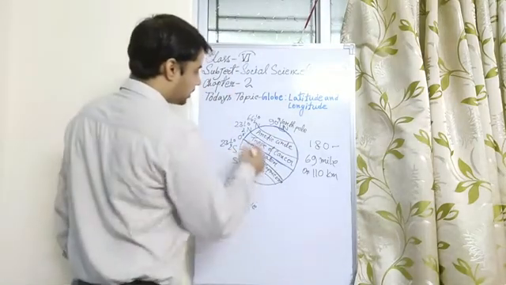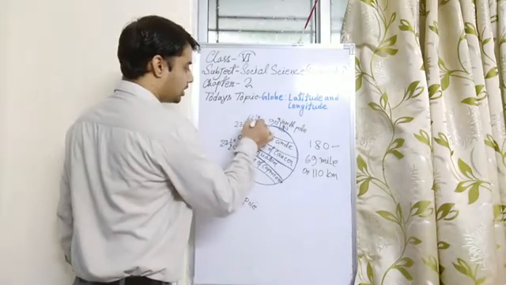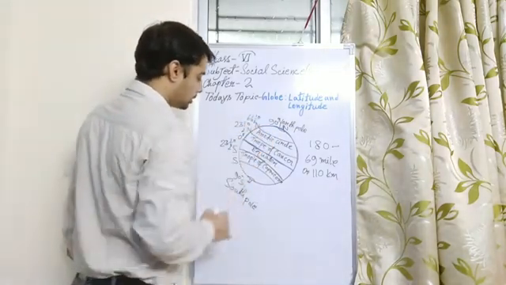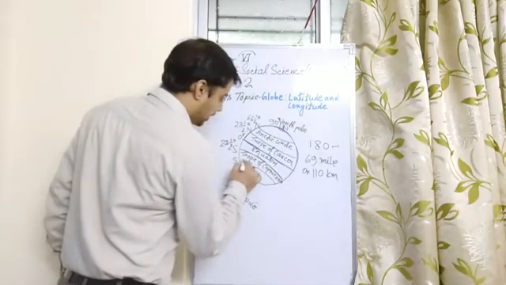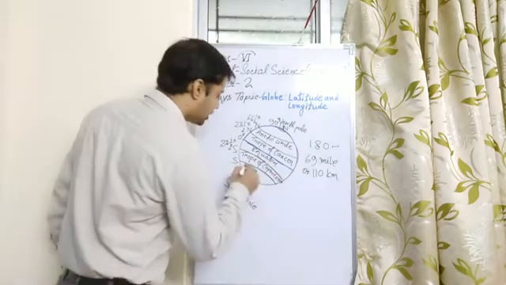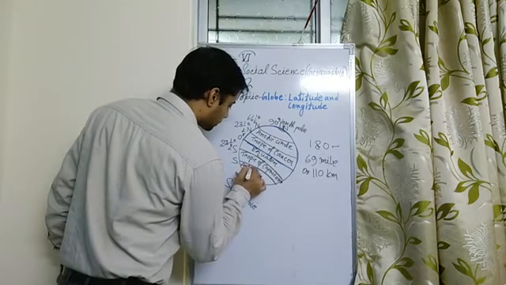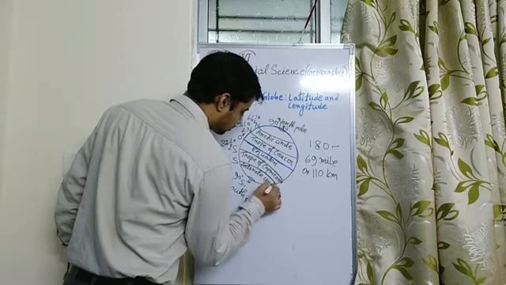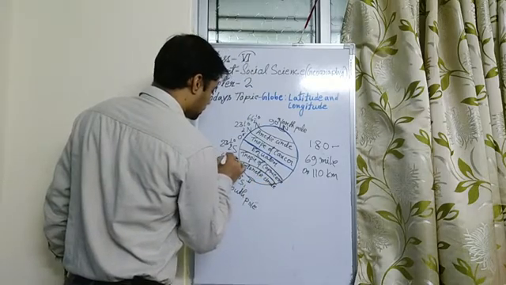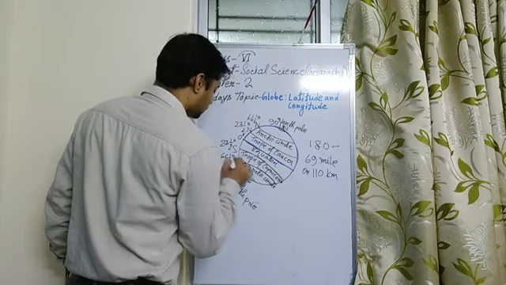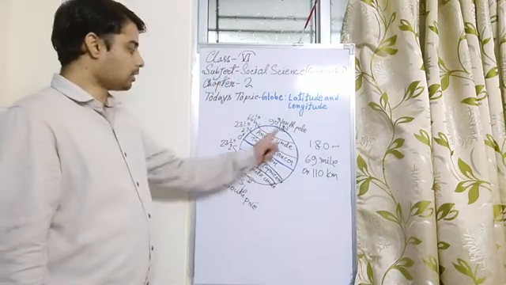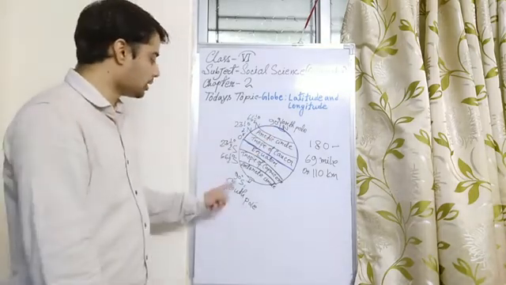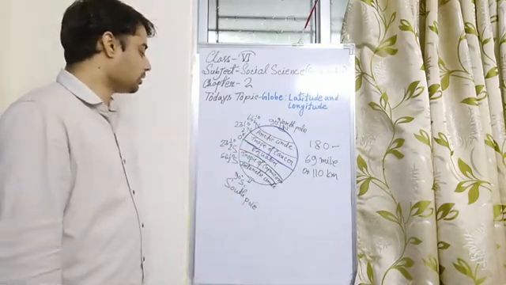In a similar way, this latitude is called the Antarctic Circle, and it is denoted with 66.5 degree south. And the other two, you already know: the North Pole at 90 degree N, and the South Pole at 90 degree S.